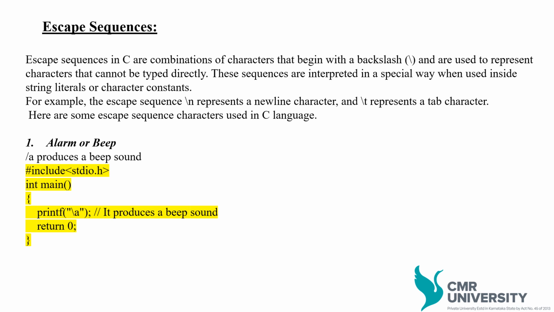First, we will start with the alarm or beep. For alarm or beep, we will use the character backslash a, which produces a beep sound. We include this backslash a in a printf statement, since that is where we get the output.